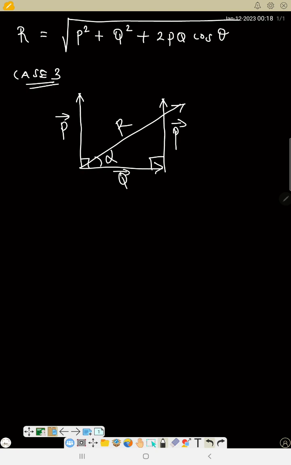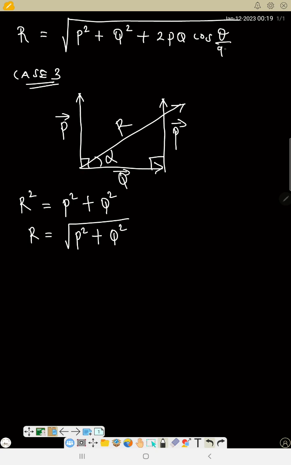If you use Pythagoras theorem, this is the hypotenuse, the longest side, so r squared will be equal to p square plus q square. So r will be equal to square root of p square plus q square. Or you simply put 90 here, and cos 90 is 0, so everything here will be 0. It will still remain root p square plus q square anyhow you do it.